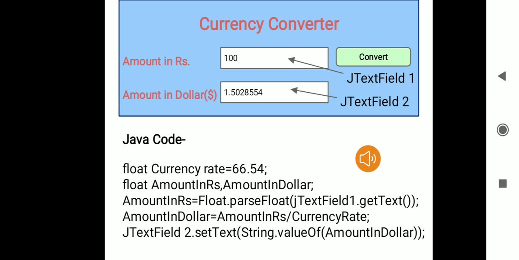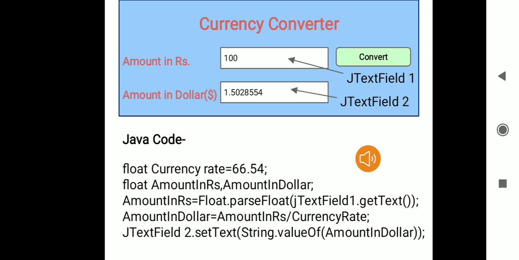Here the decimal value 1.5028 that was stored in the variable named amount in dollar gets converted into a string using the statement String.valueOf within bracket amount in dollar. So 1.5028, which was a decimal value before, now becomes a string value.